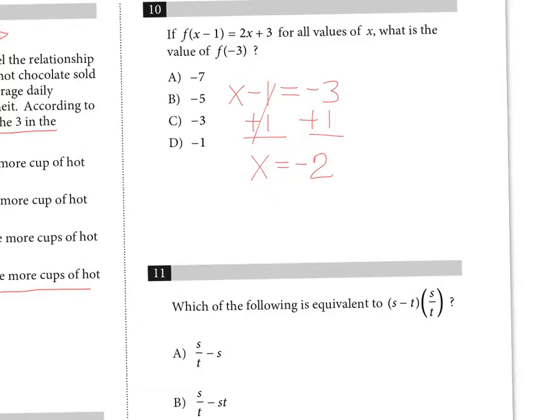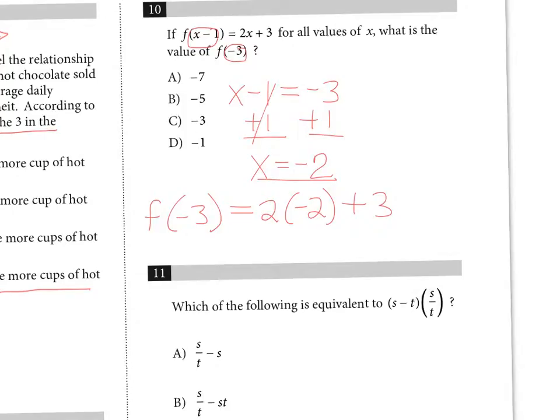So here I can say f of negative 3 is, I'm going to substitute, instead of x, I'm going to put negative 2 and then plus 3. Okay, because I'm letting the inside be equal to this right here, and it tells me that x is supposed to be negative 2. And then I just simplify, I just substitute.